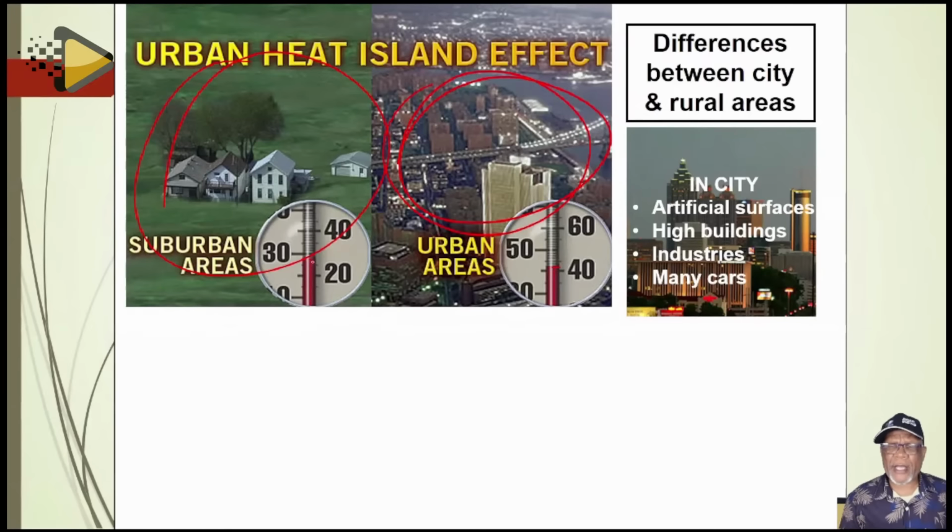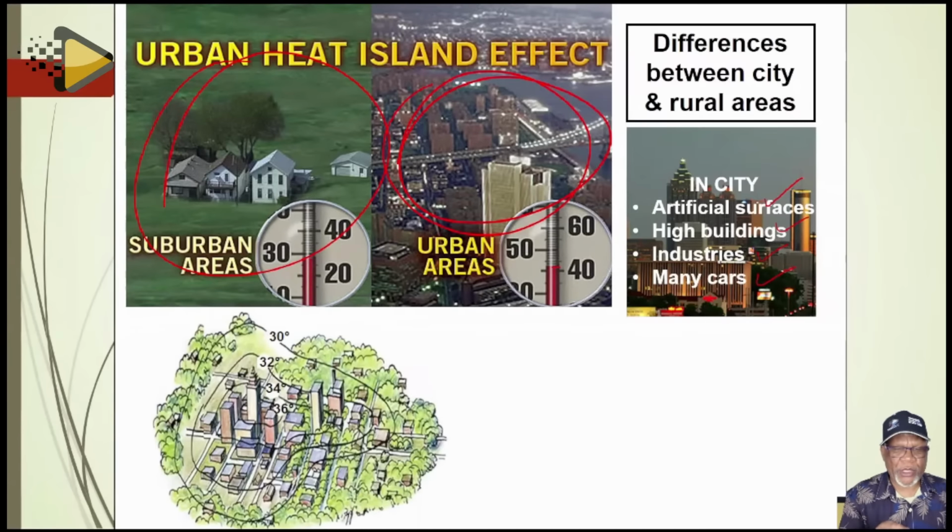So why are cities warmer? Because of the artificial surfaces that absorb heat. It is because of the high buildings that provide more absorption area. It's because of industrial activities that create heat. It is because of many vehicles that also create a lot of heat.